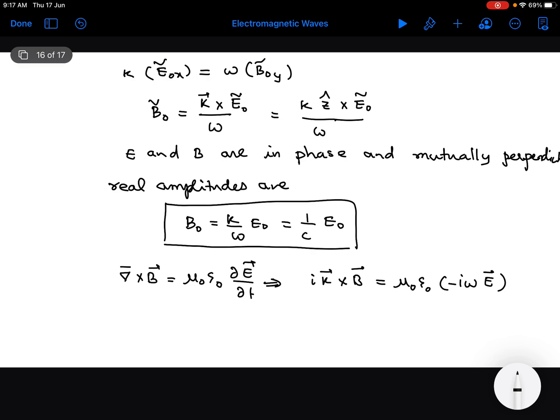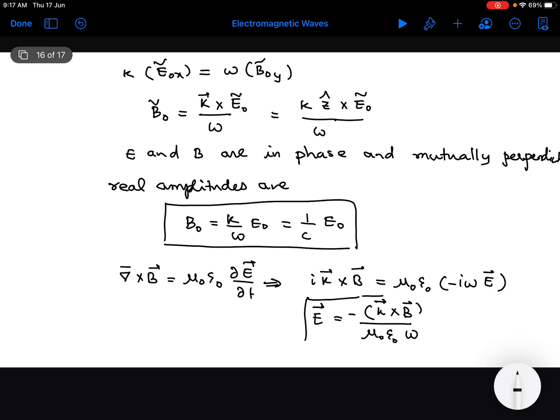So simply, E bar is equal to minus k bar cross B bar by mu naught epsilon times omega.